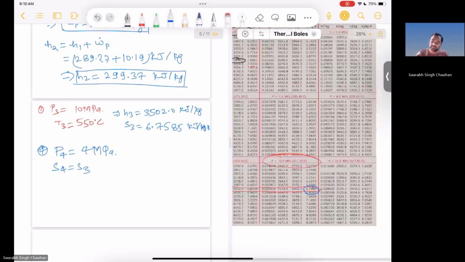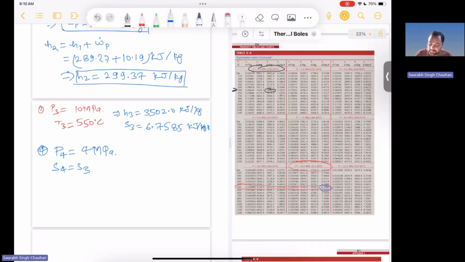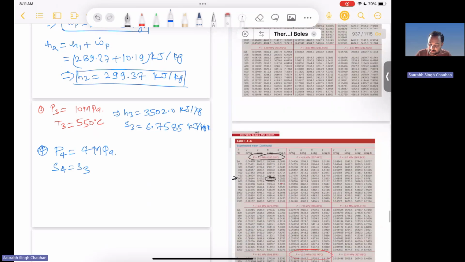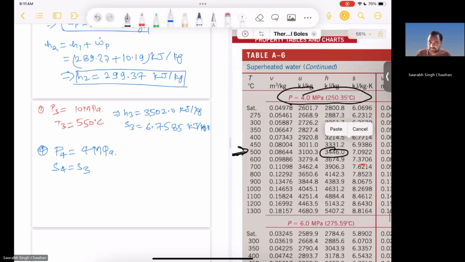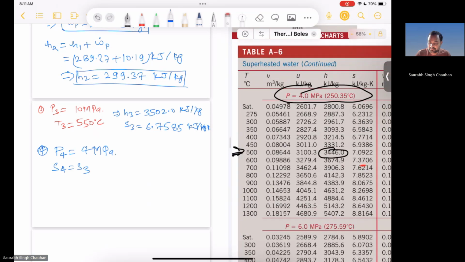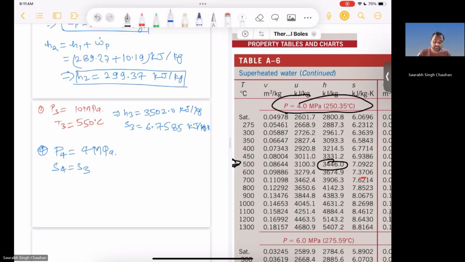Okay, we'll use 4 megapascal. So entropy, how much entropy? 6.75.